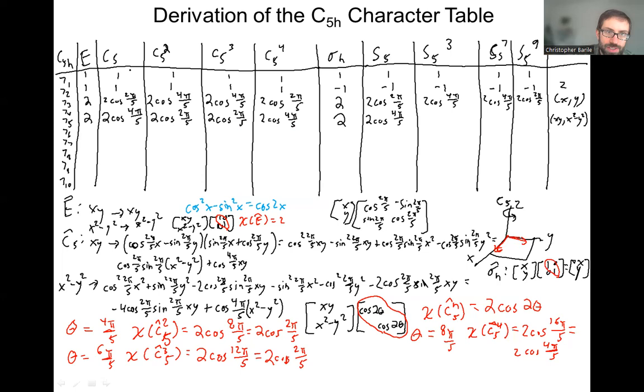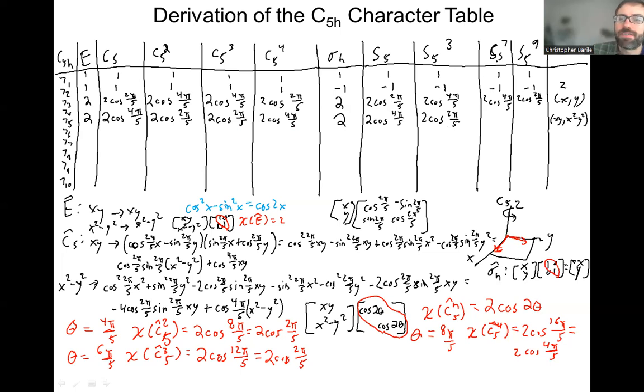Remember, an S5 is a C5 followed by sigma h, but sigma h doesn't do anything. S5 3 times is the same as doing a C5 3 times followed by sigma h. So it's the same as the character for C5 3, which is 2 cosine 2 pi over 5.